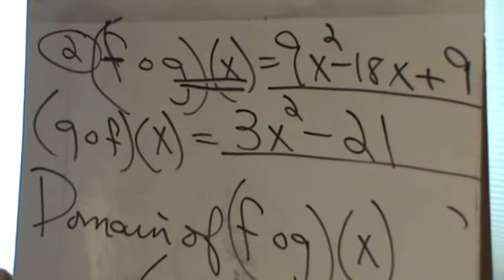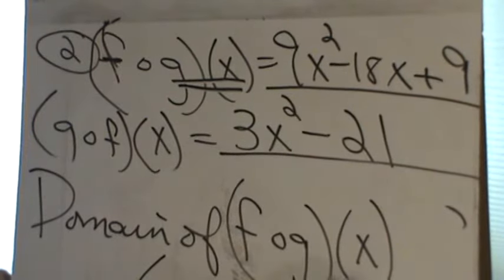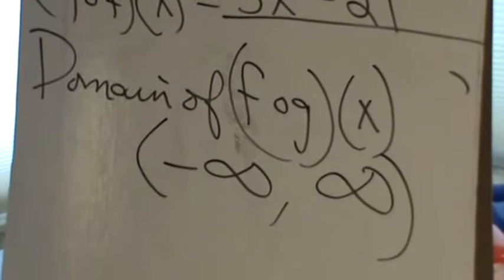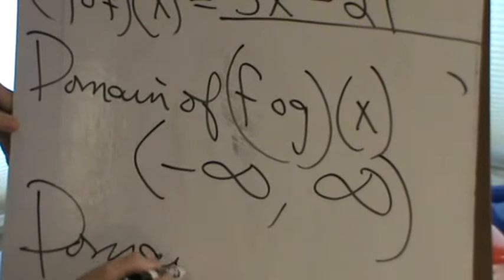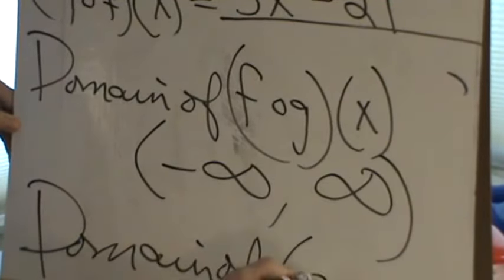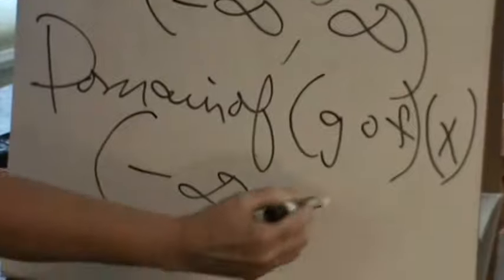Square root? No. So there's your domain for the f of g of x. Domain for g of f of x is going to be the exact same thing, negative infinity to infinity. Why? Because there's no fraction, no square root.